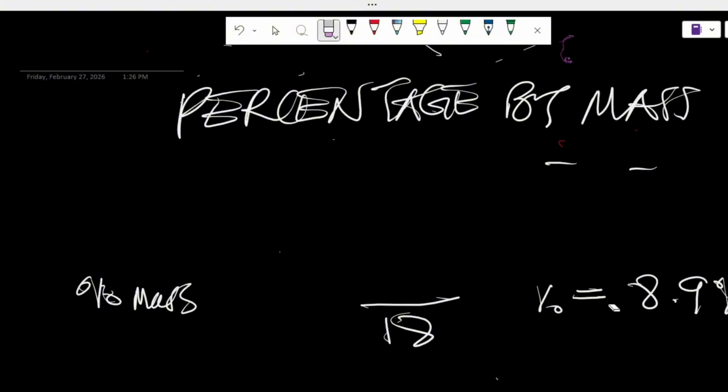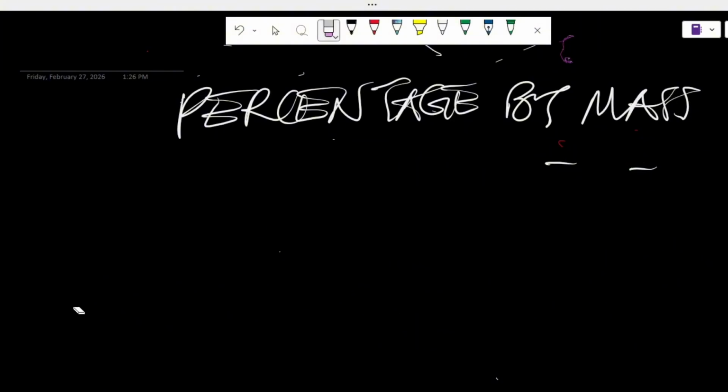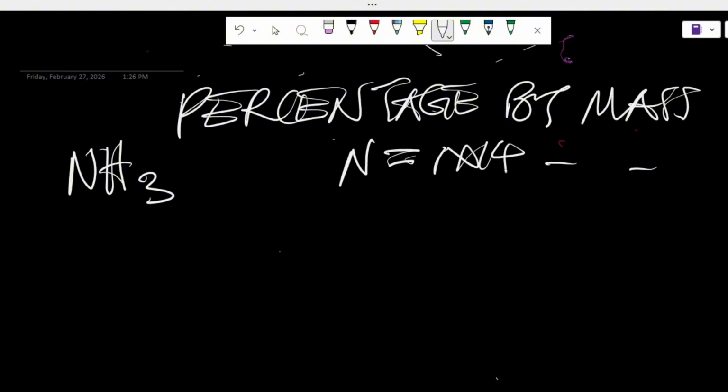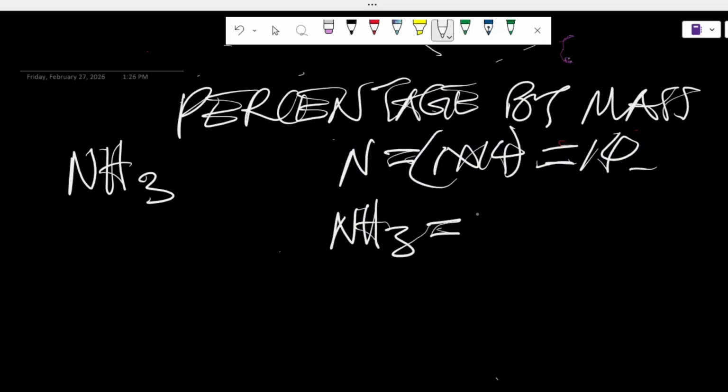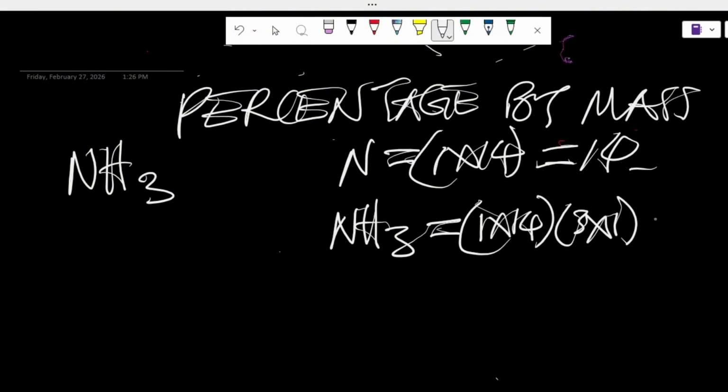Now we can also find the percentage by mass of nitrogen in ammonia. So nitrogen is 1 times 14, which is 14. Ammonia is going to be 1 times 14 for nitrogen and 3 times 1 for hydrogen, so this is going to give us 17.